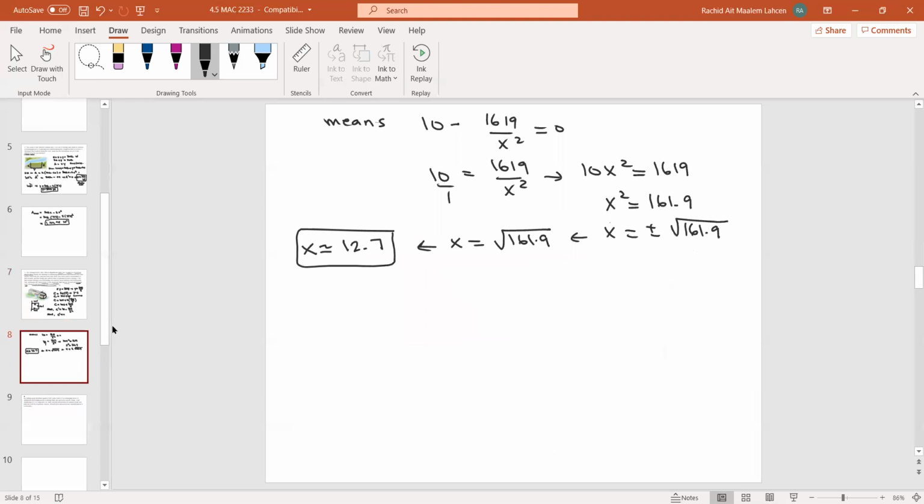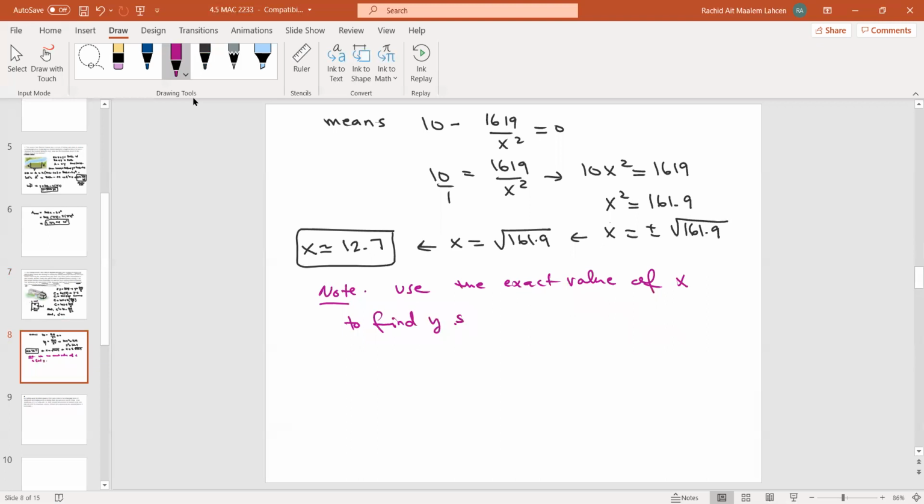So now the important part is that you need to find y. So let's put a note: use the exact value of x to find y.